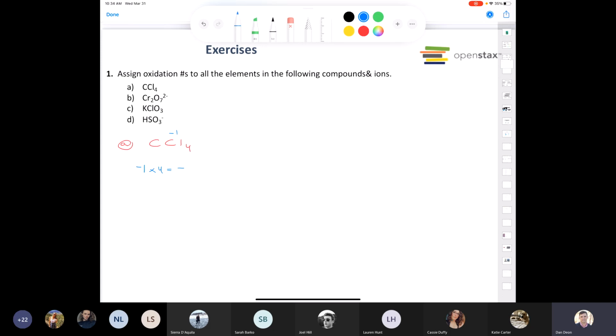That means I have a total of -4 coming from the chlorines. What charge must my carbon have in order to balance out -4 and give me 0? What I'm asking is, -4 plus something gives you 0. What would that something be? It would be +4. And so the carbon is +4 and the chlorine is -1.